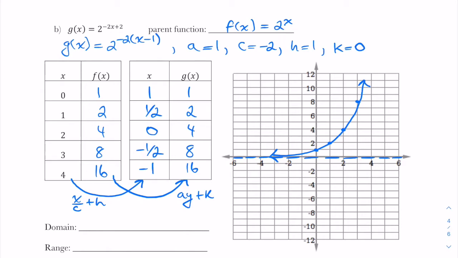The horizontal asymptote will be in the exact same location because you're not moving it up or down. And as best as you can, estimate the locations of the new coordinates. All right, and that's roughly what your transformation should look like.